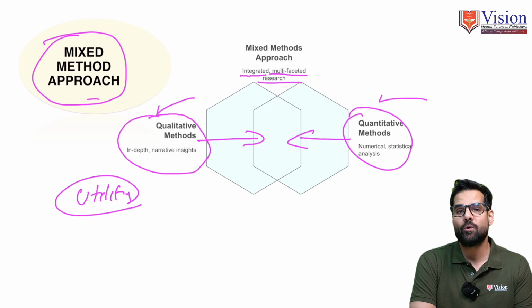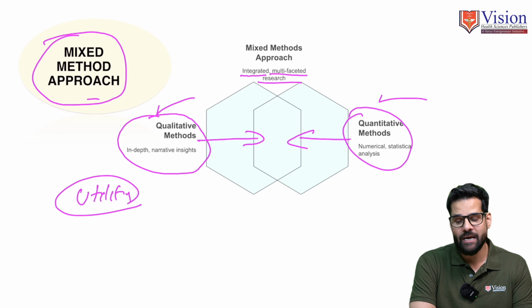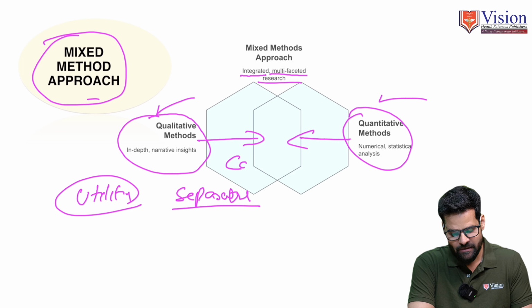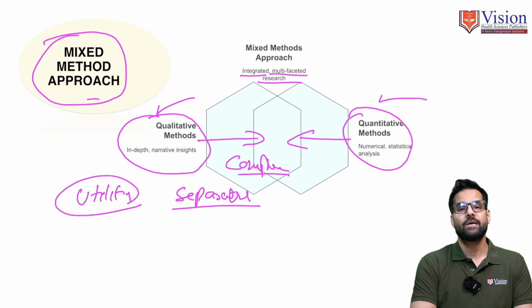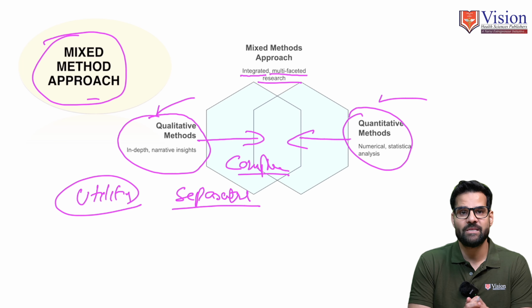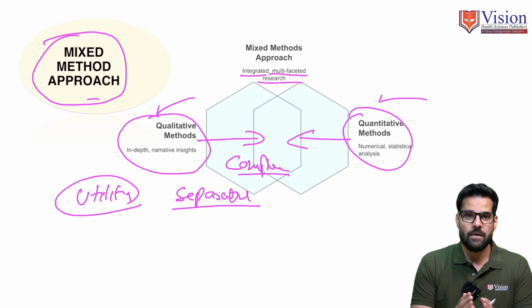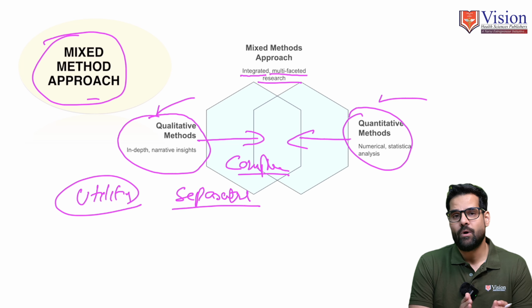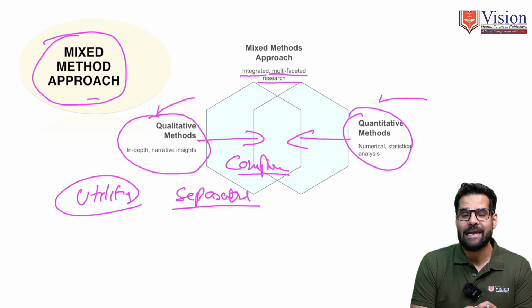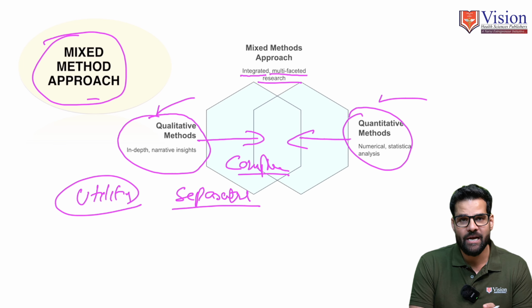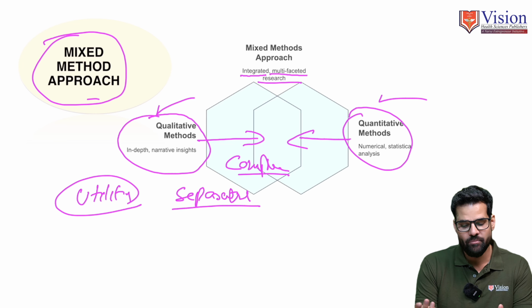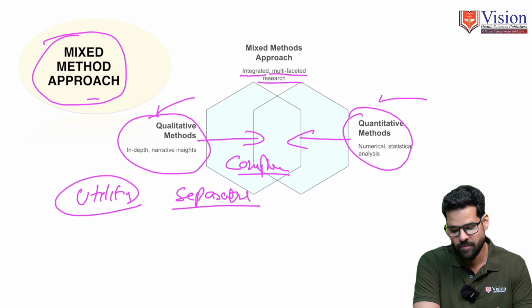They are not separated. They complement each other. So that is what we call a mixed method approach, where the features of qualitative and quantitative research are integrated, maybe while designing your study, during data collection, or during the analysis phase. Different types of mixed method designs we are going to discuss in subsequent slides.